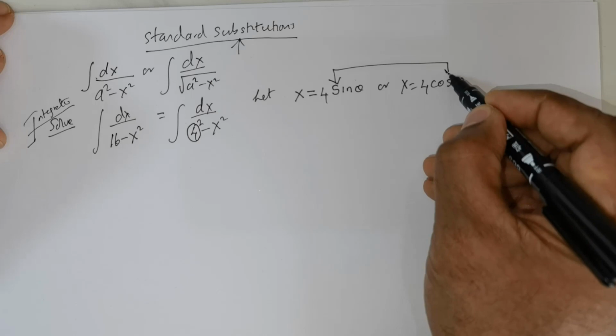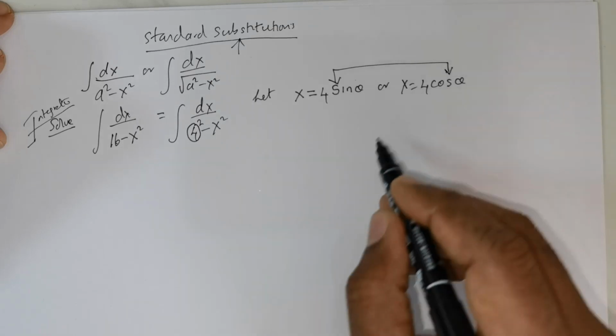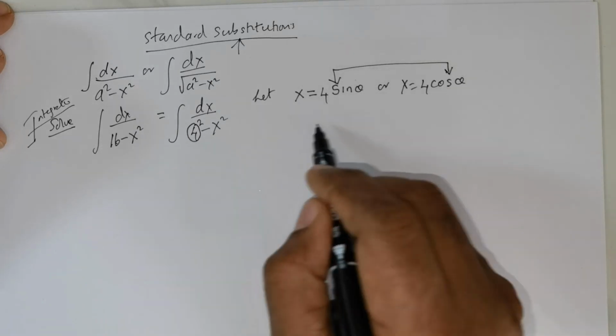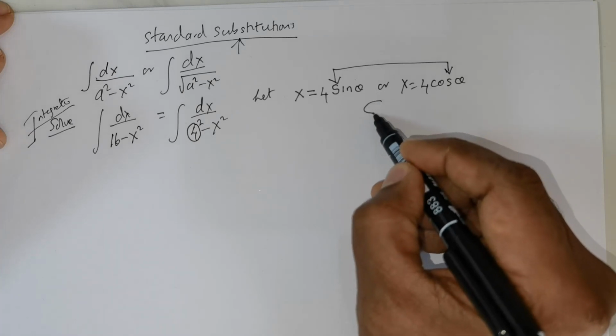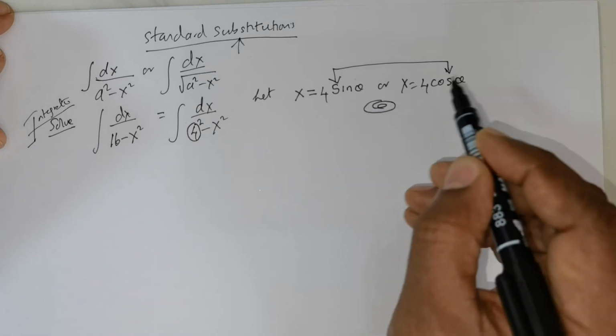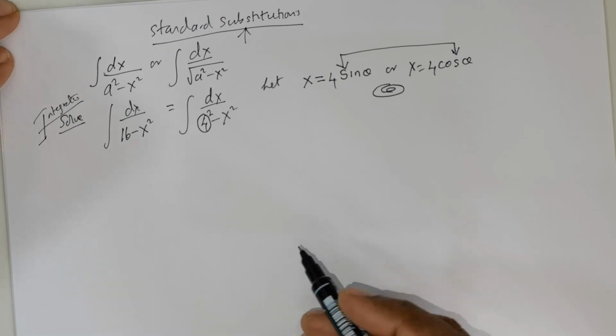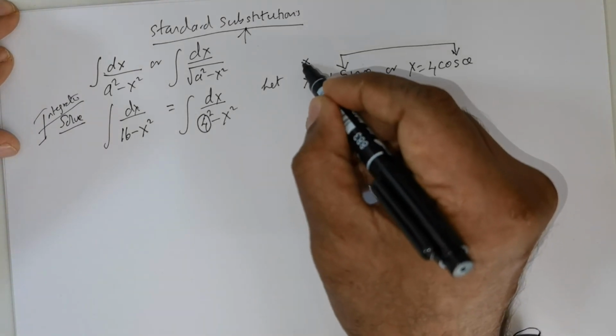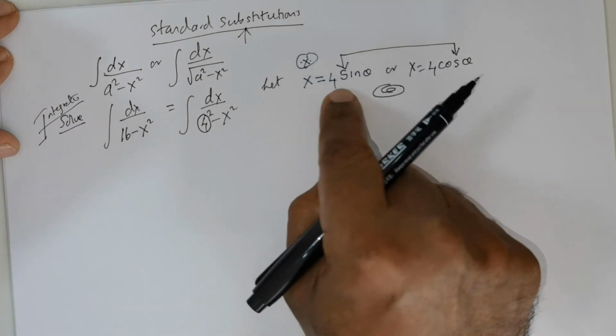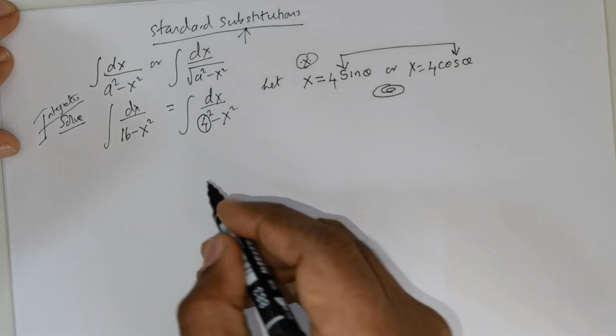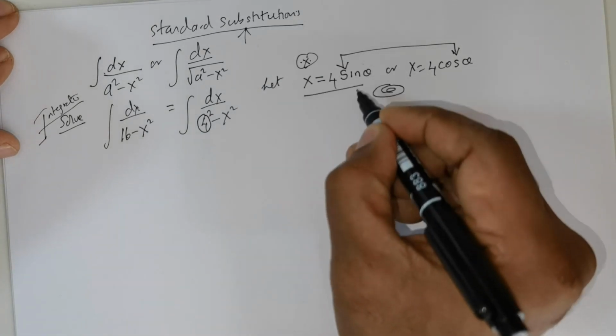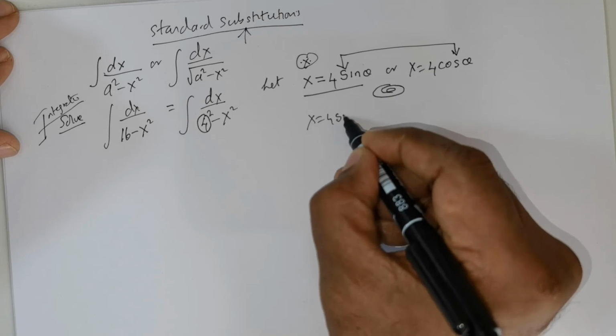Either this goes or this goes. If you choose to approach this question in some other manner, you will be just circling around. You won't be able to solve this. So this is the all important note. Either you can take x equal to 4 times sine theta or x equal to 4 times cos theta. I would be taking x equal to 4 times sine theta.